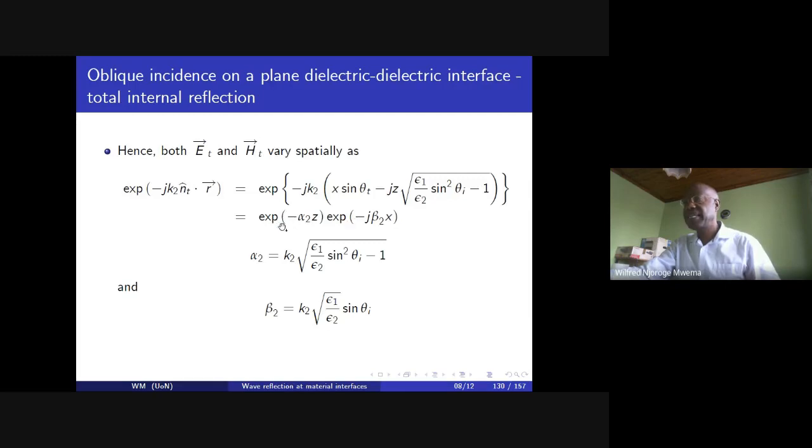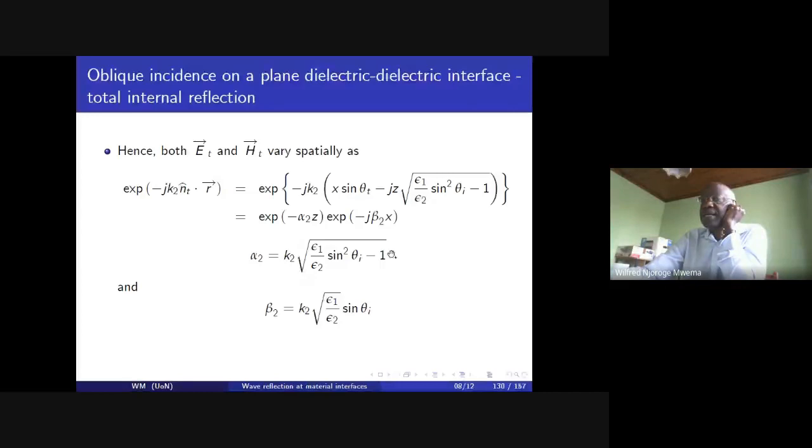And therefore, we can see that we can separate this out into an exponent of minus alpha 2 z, and an exponent of minus j beta 2 x, where alpha 2 is given by that equation, and beta 2 is equal to k2 multiplied by sine theta I. This is an effective phase propagation constant, and that is an effective attenuation constant.